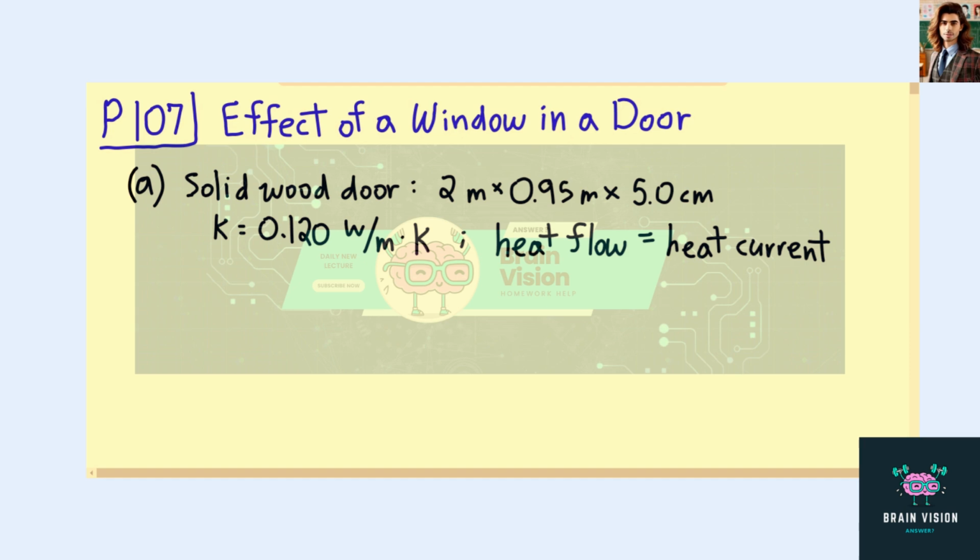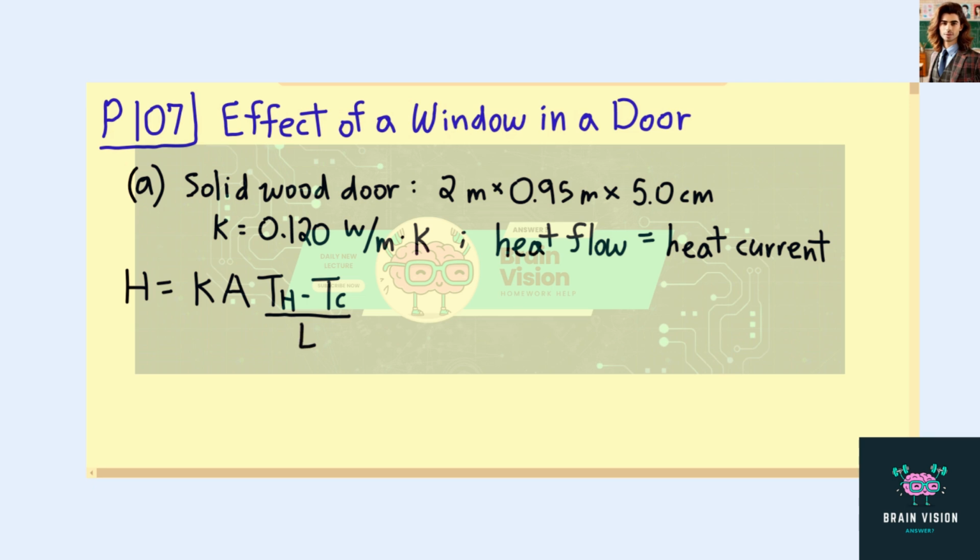So really all we have to do here is use the equation for heat current, which is H equals K, the thermal conductivity, times A, the area of our door, times TH, the hotter temperature, minus TC, the colder temperature, and that difference is divided by L, the length that the heat will travel.